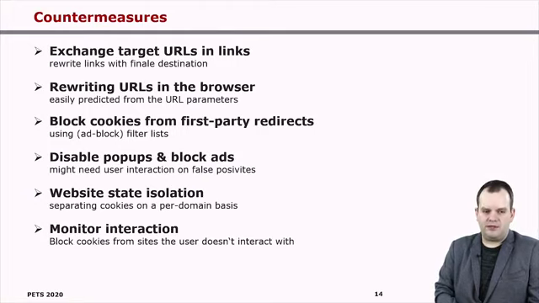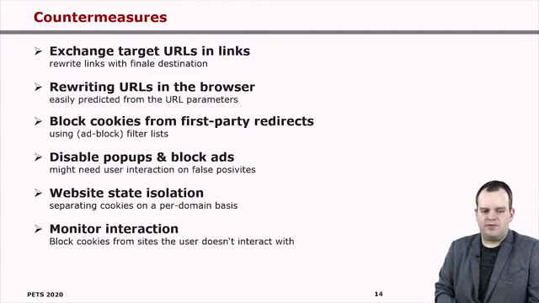You can just see it from the URL. And then we can have, for example, a script that rewrites all known redirect tracker links, or some of them, with their final destinations. So when somebody clicks on the link, the browser goes right to the final destination and the redirect tracker is never contacted. Alternatively, we do not have to do it in the DOM, but we could also try to dynamically rewrite HTTP requests in the browser.